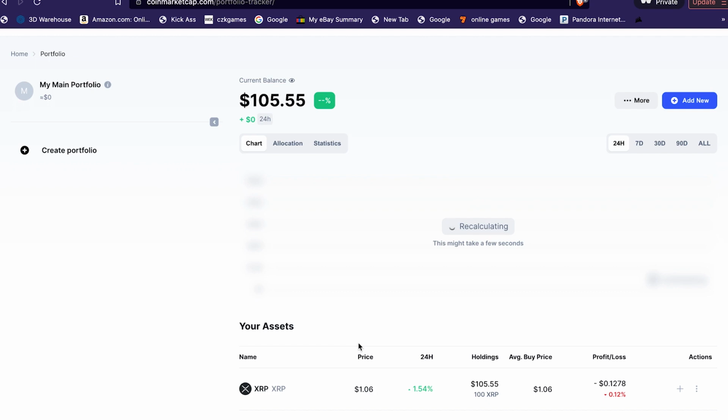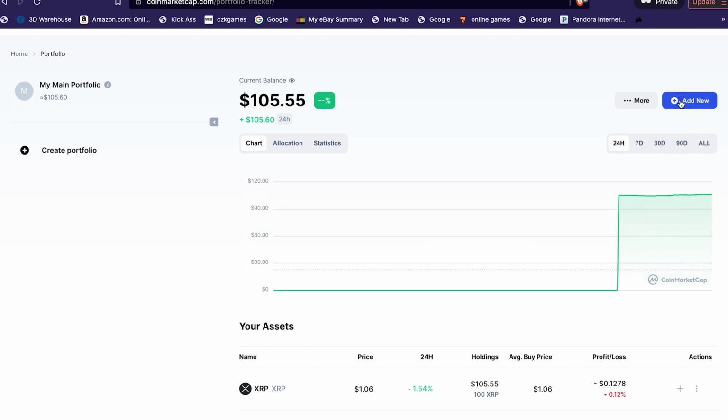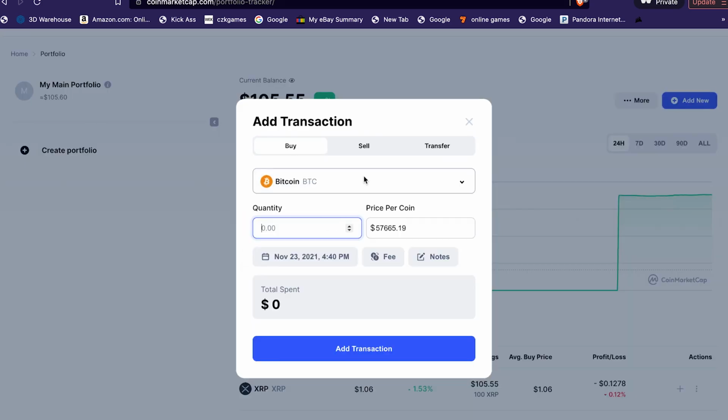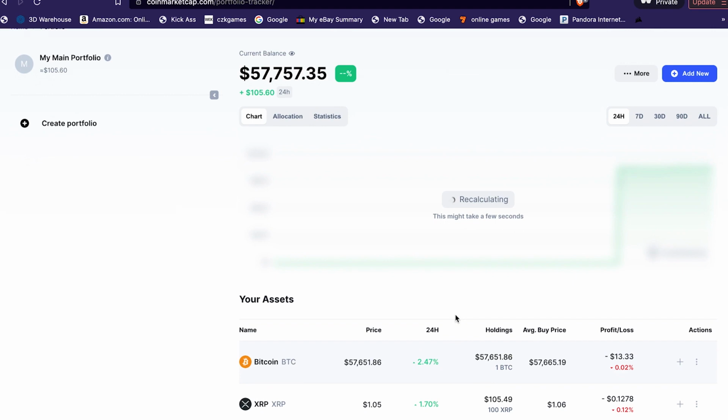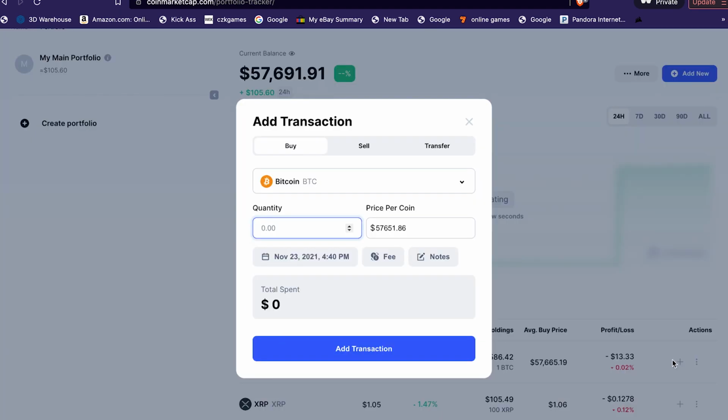So you can do this with any coin. You can add some, say, get a Bitcoin, you can add some Bitcoin in here, and now it tracks your one Bitcoin that you just bought and your $100 of XRP. And then say you were like, I don't want any more Bitcoin now. You could go in here, you click the plus button, you click sell, and then you can say, all right, I want to sell half my Bitcoin.